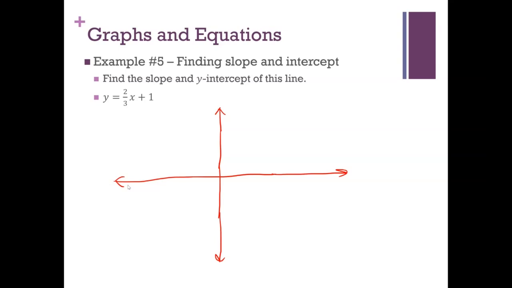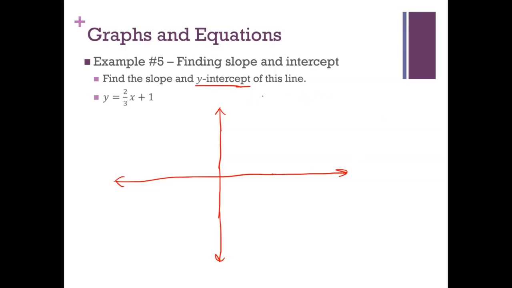How do we get the graph from here? Let's actually start by getting the y-intercept. If we know we're looking for the y-intercept, then what do we know about that point? X has to be 0.